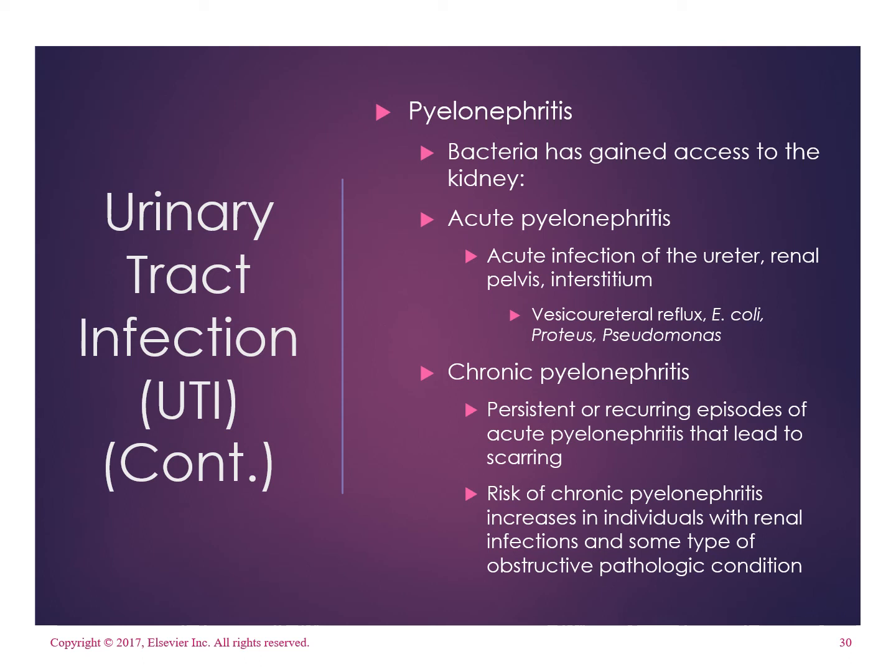Pyelonephritis is when bacteria gain access into the kidney from the lower urinary tract or bloodstream. Acute pyelonephritis is an infection of the ureter, renal pelvis, and interstitium.